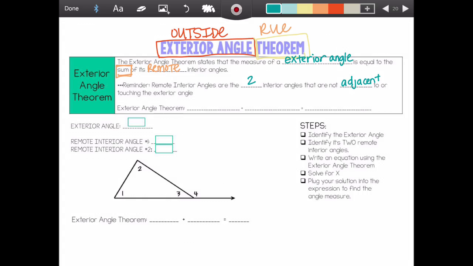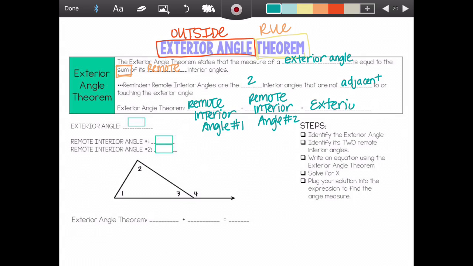So our equation is going to be remote interior angle 1, okay, plus the remote interior angle 2 is going to equal the exterior angle.